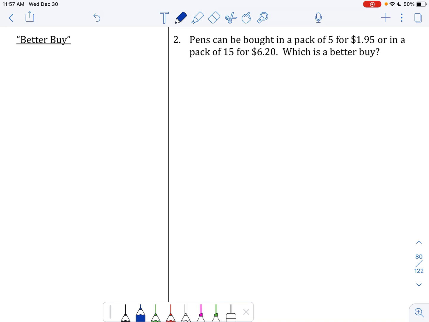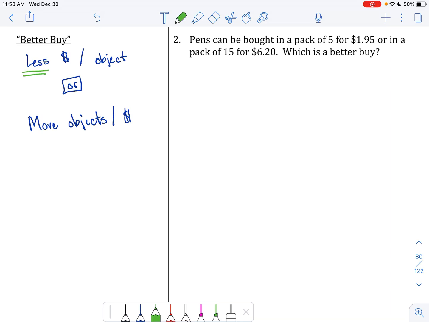So the idea is that it's either less money per object or you have more objects per dollar. Now you can set it up either way, whether it's dollars in the numerator or dollars in the denominator. Just remember that you're paying attention to which one you want for the better buy, depending on which one's which.